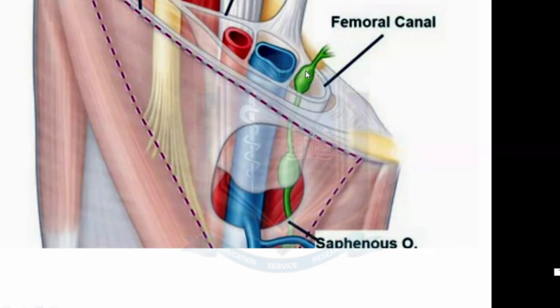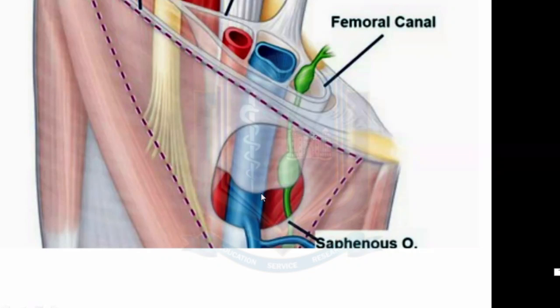Okay, so these two, fascia iliaca and fascia transversalis, extend vertically downward to cover the femoral artery and vein, and medially the space left for the lymphatics is the femoral canal. The margin of the femoral canal is slightly thickened by the surrounding ligaments. That is called the upper margin of the femoral canal or the femoral ring.